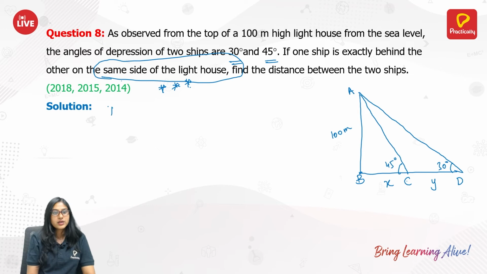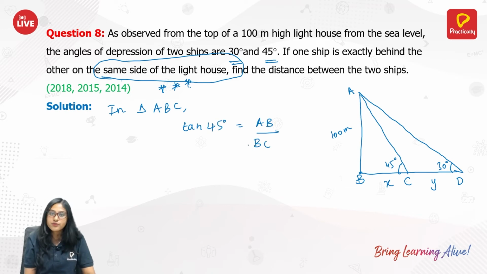Okay? Now, in triangle ABC, what do we know? Tan 45 degrees equals AB by BC. What is tan 45? 1. 1 equals, what is AB length? 100. 100 by BC. This means BC equals 100 meters.